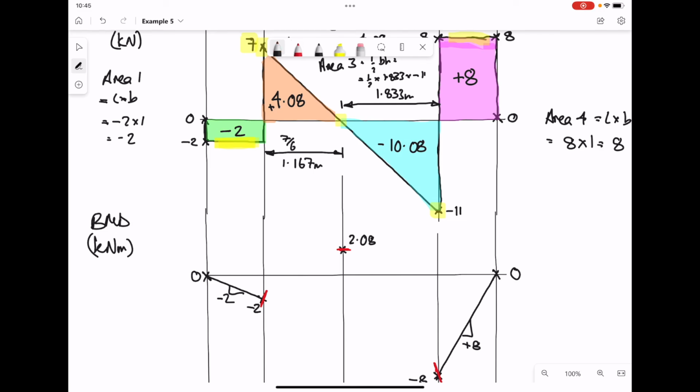Now what we're going to do is to draw in a curve that matches the tangents that I've drawn in on red. So it's going to start positive. The gradient will get less.